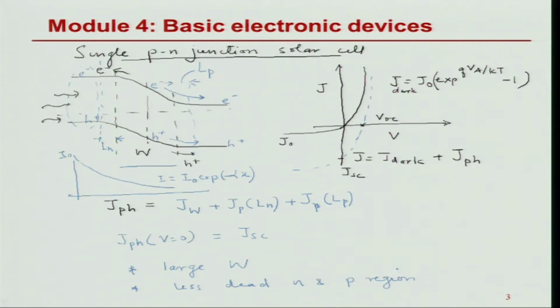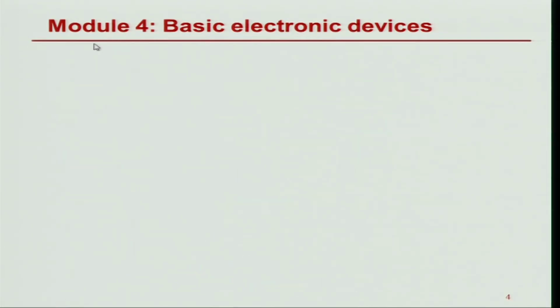Okay. So this is the picture of a solar cell in a PN junction, and this is the curve that you would get. So let us now define how we would characterize a solar cell. Solar cell characterization is our next topic. Now it is obvious a solar cell is an energy conversion device.